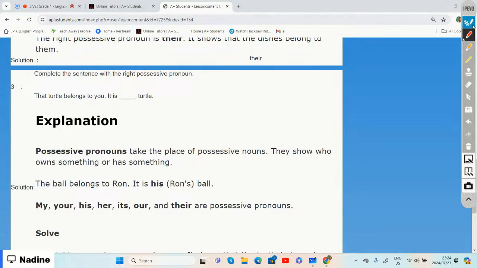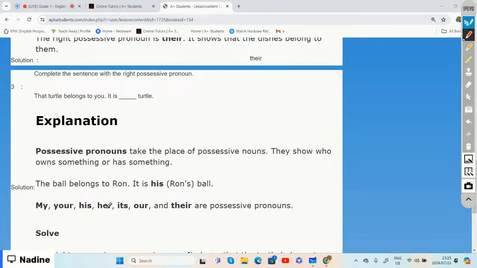All right. So here we say that that turtle belongs to you. And if we were to choose the right possessive pronoun, we can say it is turtle. Whose turtle is it? We must choose one of the correct possessive pronouns.